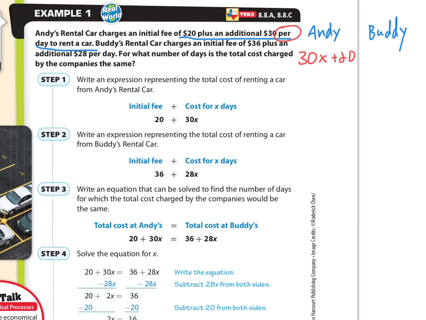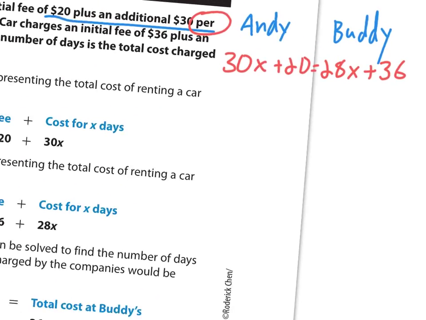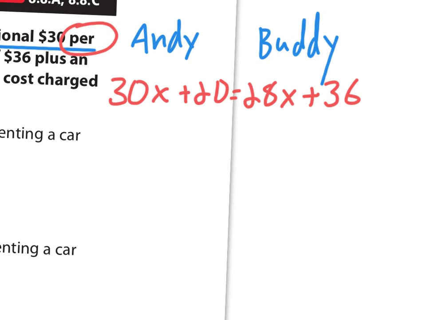Okay, for Buddy, what are we multiplying by? 36 or 28? 28. Good. So it's 28x. Oh, not 2x. 28x plus the 36. So now we can get to our regular steps. And I'm going to zoom in on this. Our first step was to make sure variables were all on the same side.